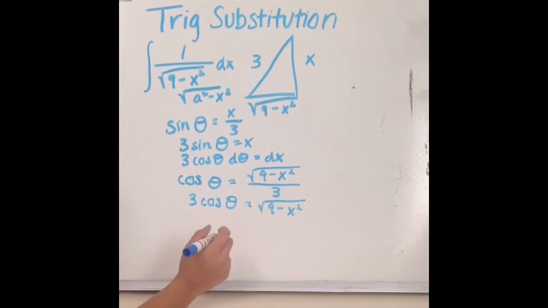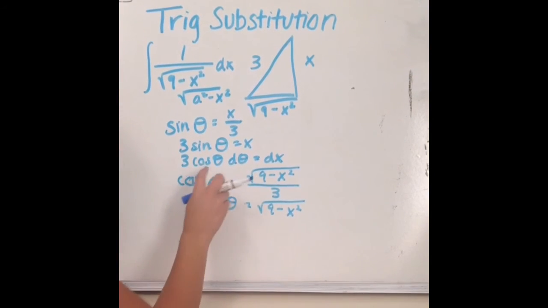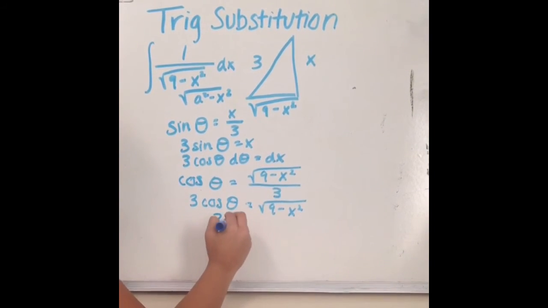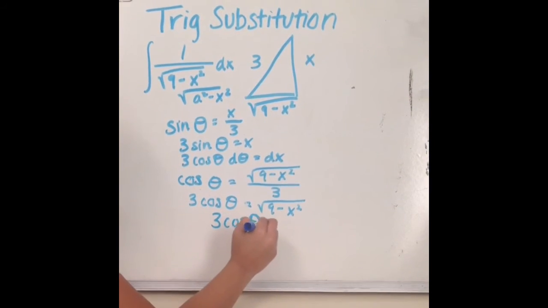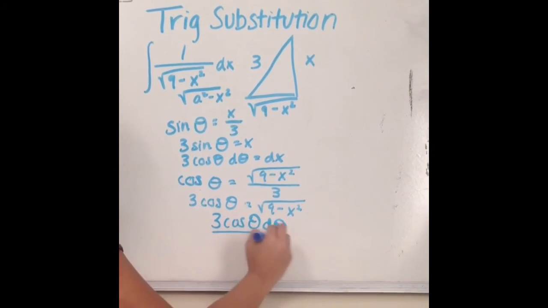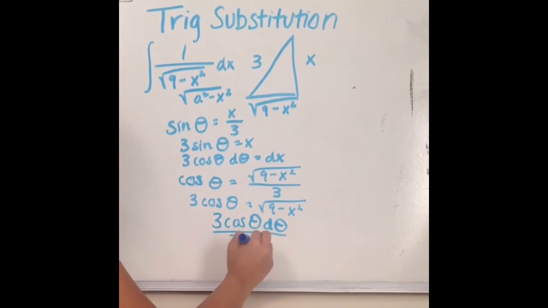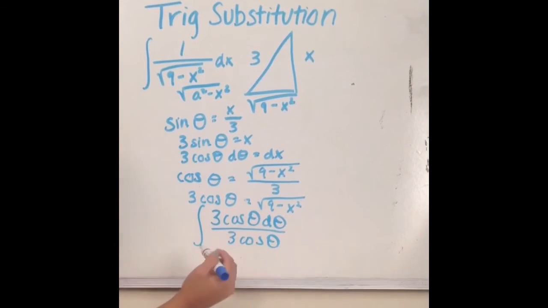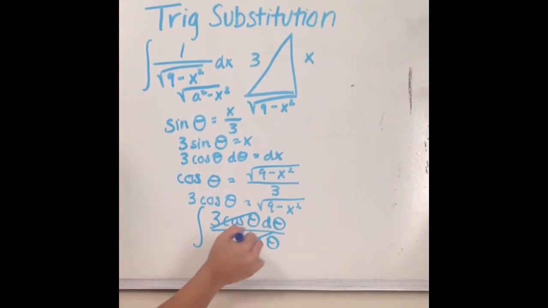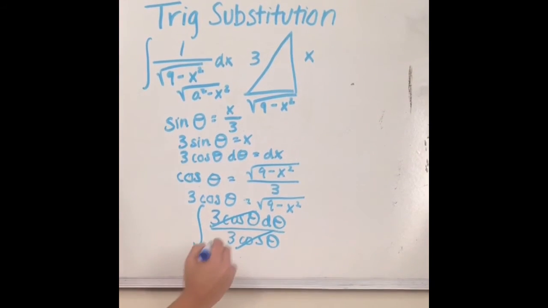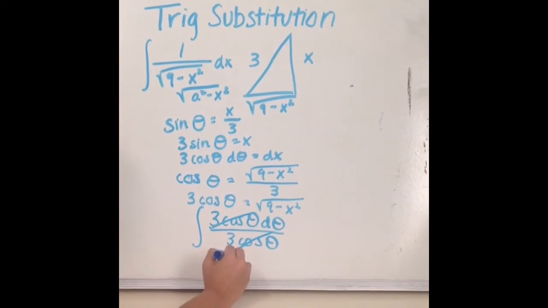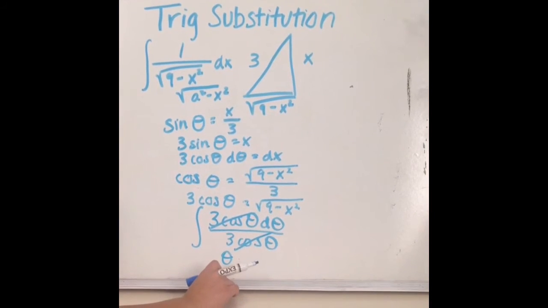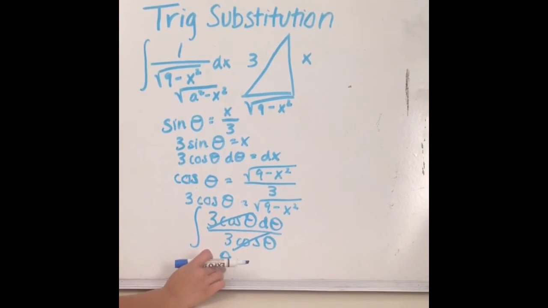So when we replace everything, we get this value right here, the integral of 3 cosine of theta d theta over 3 cosine of theta. These cross out very conveniently, and then we end with theta as the evaluated expression.